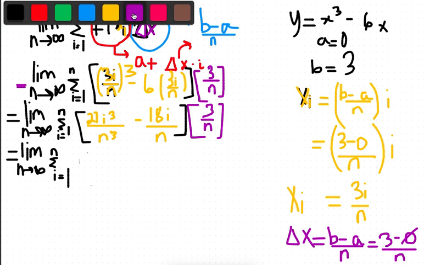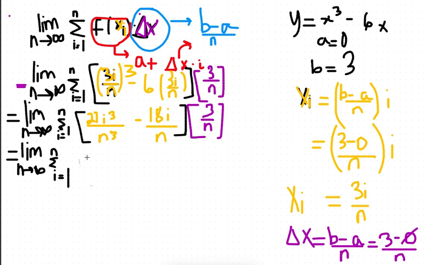This 3 over n will come here, and I'm only going to take the first term, 27i cubed over n cubed, because I'm splitting up the sums.